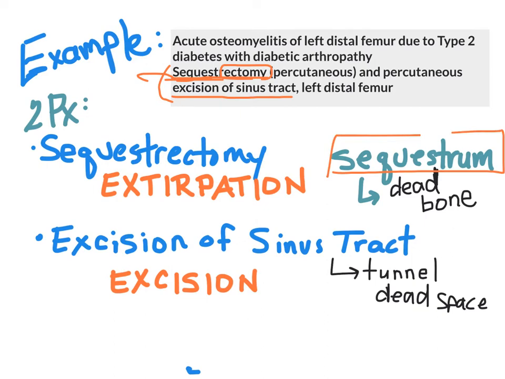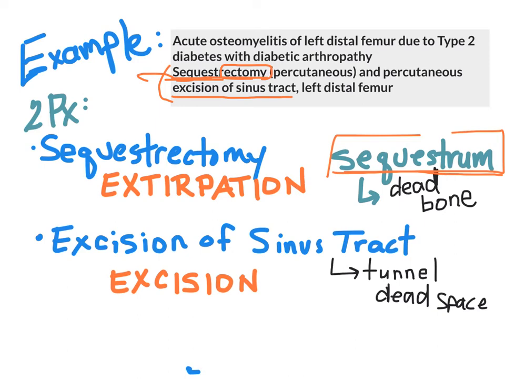So this is what I was referring to before. If you don't know the meaning of a term, go look it up. It helps you immensely. So when we do a little research, we find out that sequestrum is a piece of dead bone that is broken off, usually from sound, healthy surrounding bone. So let's think about this in terms of a root operation.